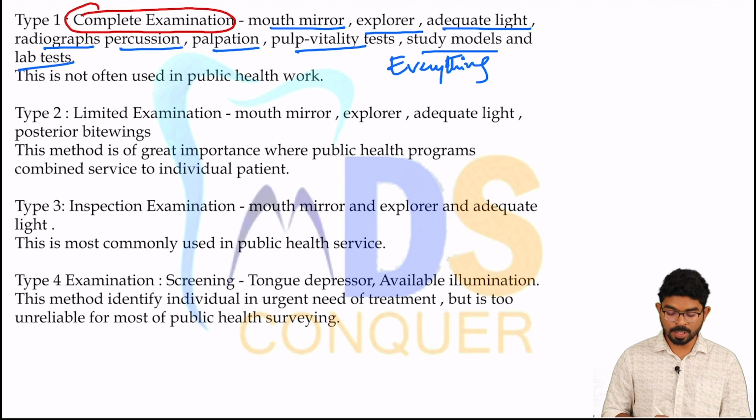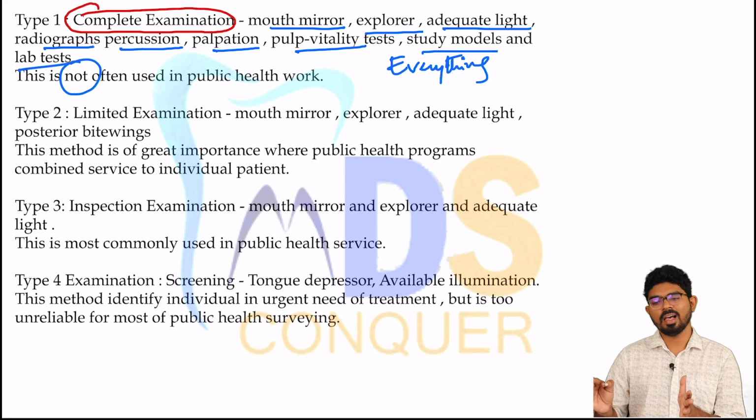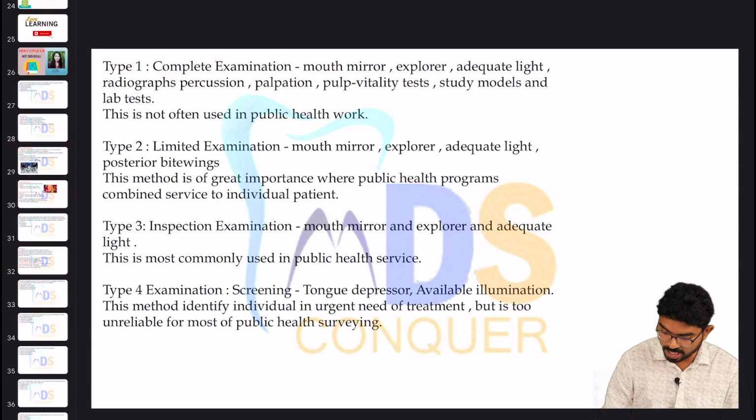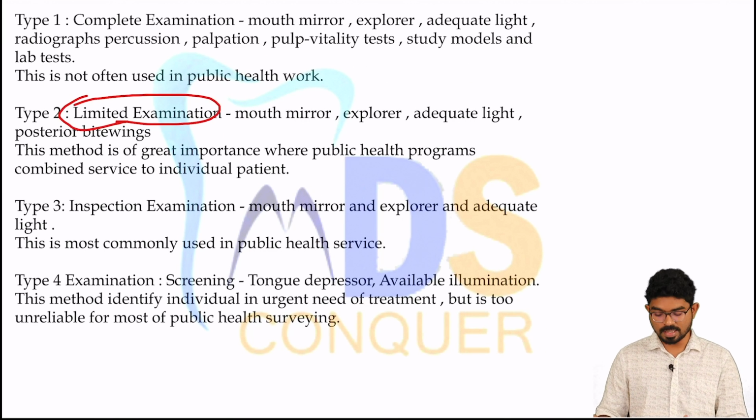Coming to the point to be noted, this is not often used in public health. It is regularly used in the diagnosis of a particular disease in a well-equipped clinic or a well-equipped college. And type 2 is the limited examination.